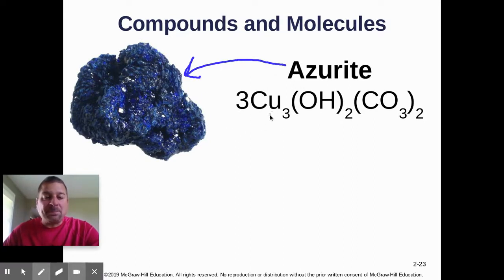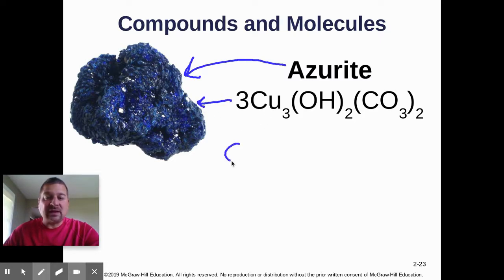I tried to pick one here with a very complicated chemical formula. It's made up of copper, hydroxide ions, and carbonate ions. We have a lot going on here, but it shows us this pretty blue rock, these crystals. This formula tells us what's in there.